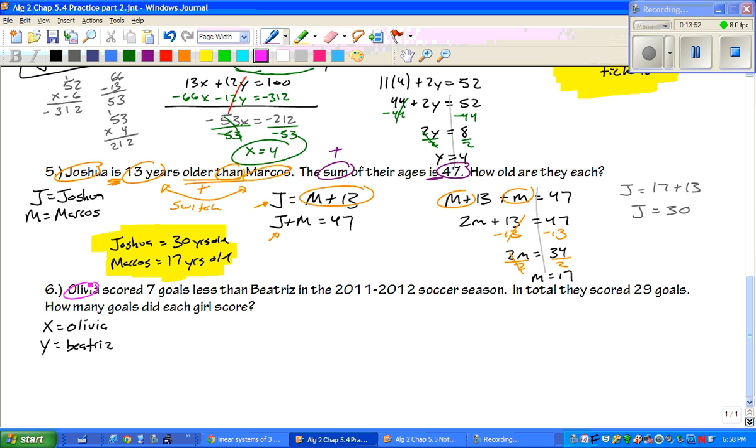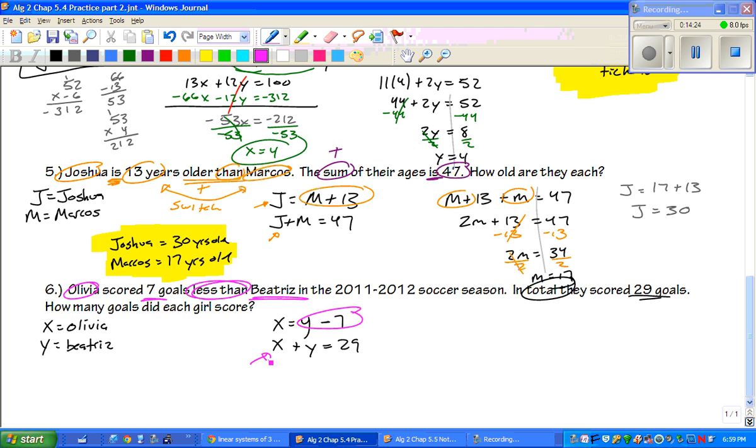So, Olivia scored 7 goals less than Beatrice. So, X equals, it's less than, and when it's less than, going back to Y, we have to switch. Okay, total was 29, so X plus Y equals 29.